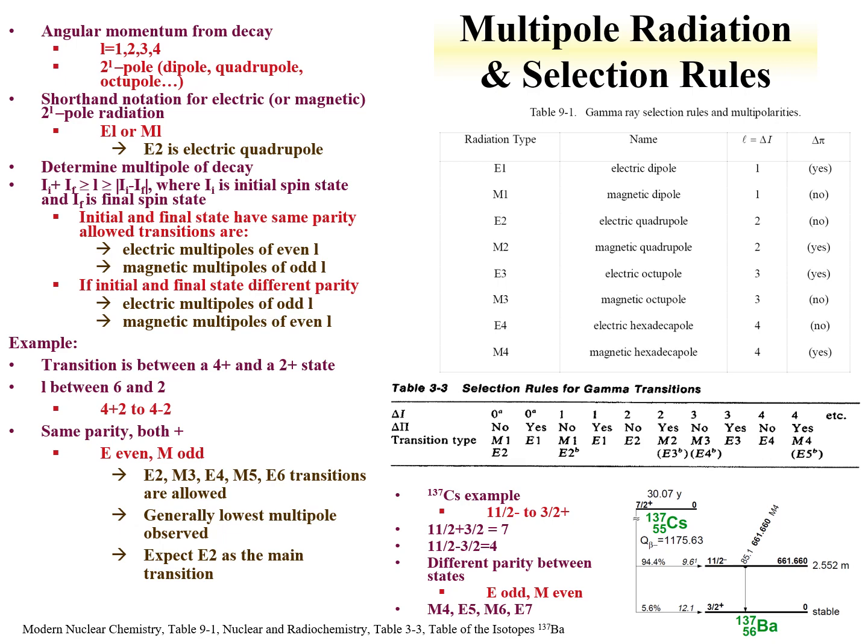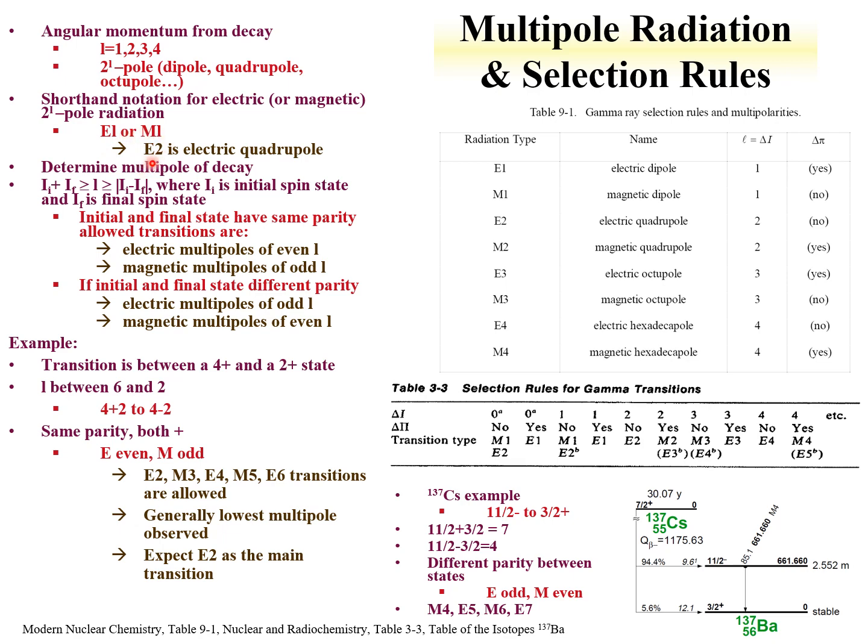We can describe the angular momentum of the gamma decay as L of 1, 2, 3, 4, etc., as a pole. So an L of 1 would be a dipole, 2 is a quadrupole, 2 to the 2 is 4, then octopole, etc. Shorthand notation for electric or magnetic 2 to the L pole is written as EL or ML.